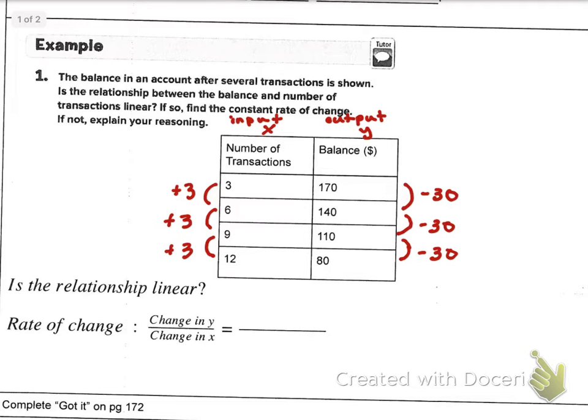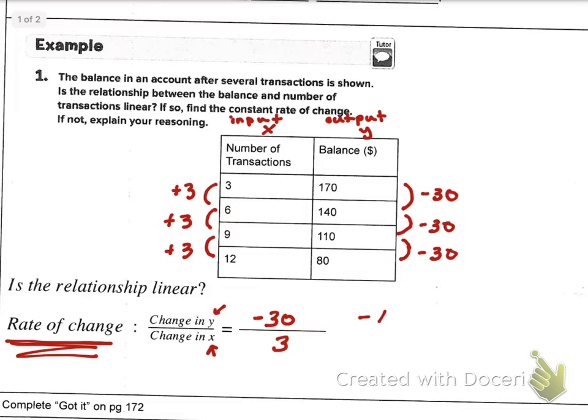So when we're looking at whether or not a relationship is linear, we are looking at the rate of change, and that is the change in Y over the change in X. Again, change in Y on top over the change in X on the bottom. So the change in the Y value is down 30 each time, and the change in X is up 3 each time, or a positive 3. That results in a rate of change that is staying the same.